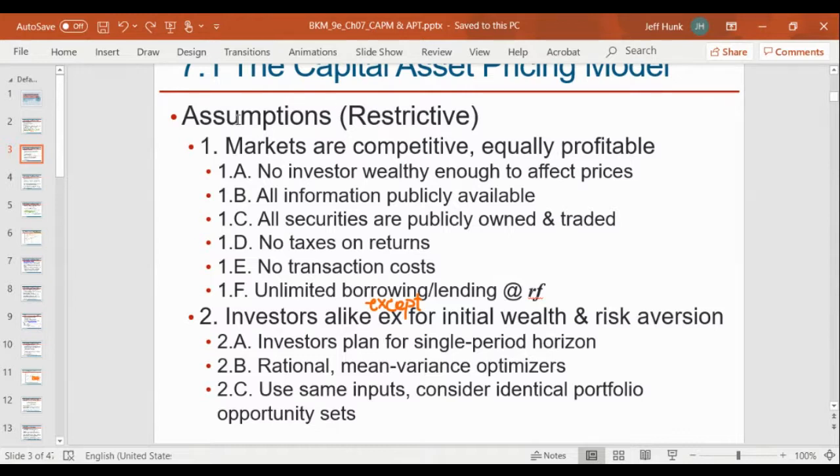But once again, to satisfy assumption one, no investor is significantly wealthier than the others. But there will be slight differences in initial wealth, right? And of course, everyone would have different risk tolerance, risk aversion, right?